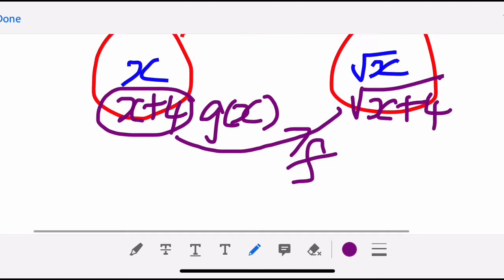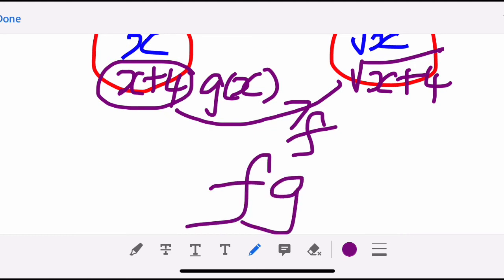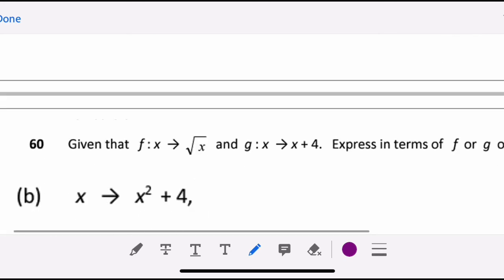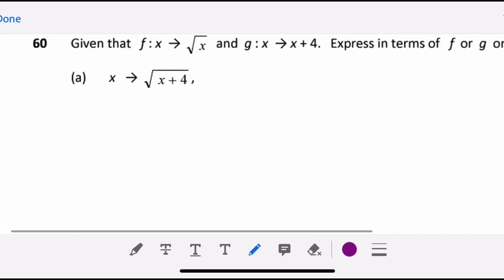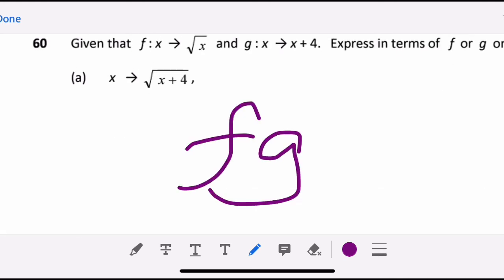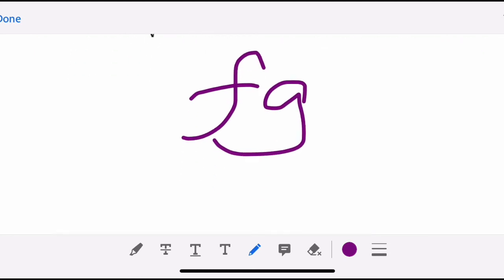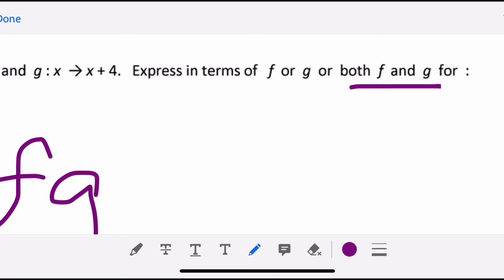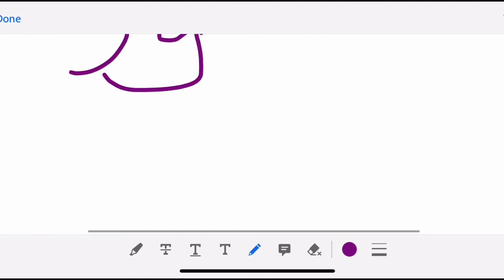Not x. So the answer is fg. Okay, I have settled one question. Now I want to discuss B. So for A, the answer is fg, right? You understand? Your answer is just right. fg will do. It's f and g. We have followed the instruction of the question.